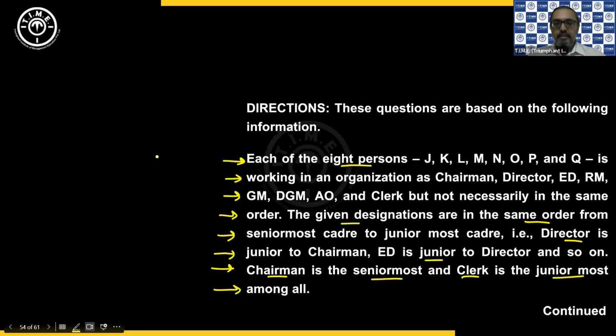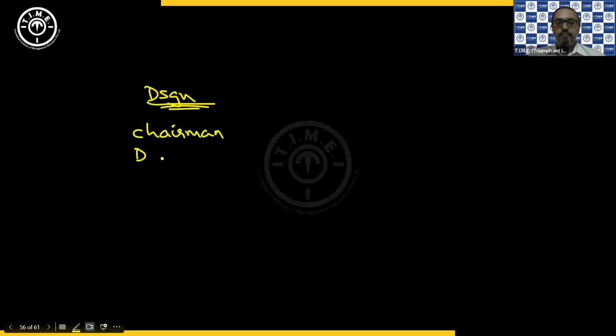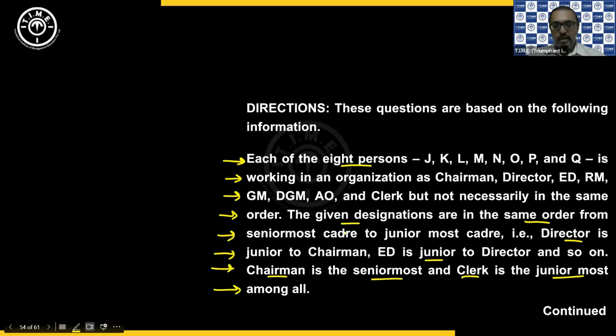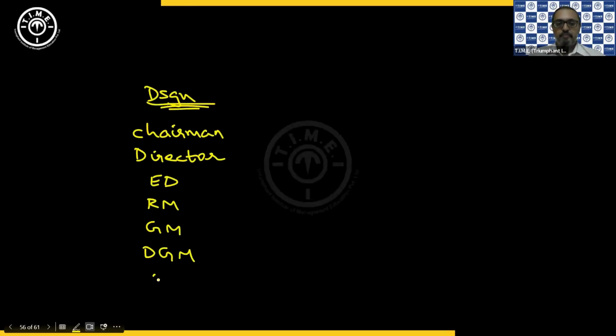Okay, so let's take the designations first. So we have chairman, then we have director, ED, RM, GM, DGM, AO and clerk.